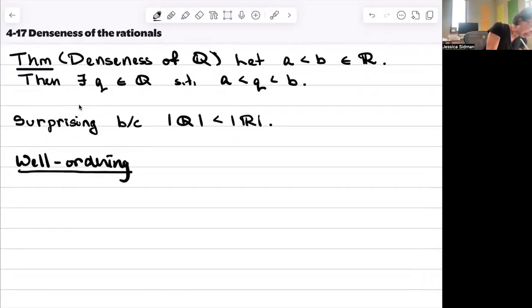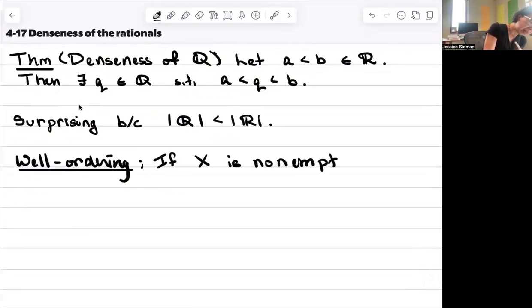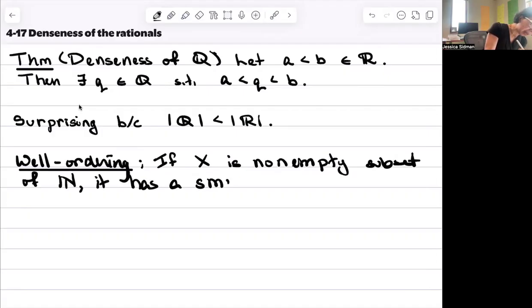Remember, this says that if X is a non-empty subset of the natural numbers, it has a smallest element.